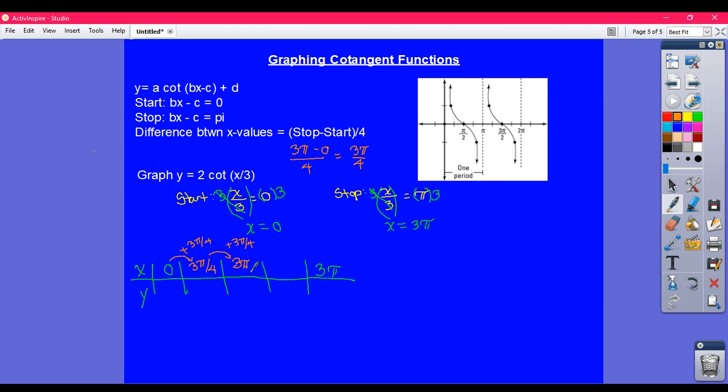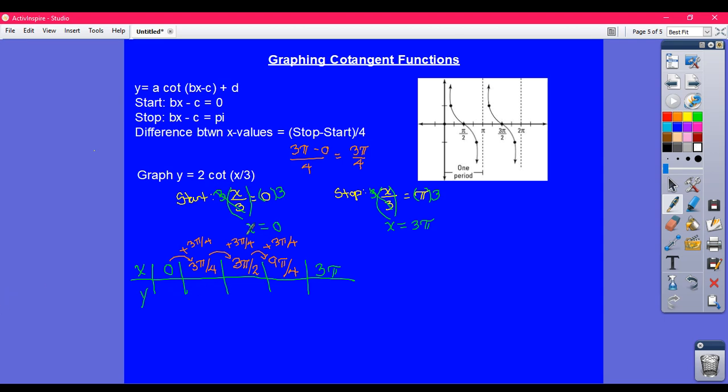Just bring the pi over. Or if you're doing it by hand, good for you as well. 3 pi over 2 plus 3 pi over 4 would give us 9 pi over 4. And just to check that we're right, 9 pi over 4 plus 3 pi over 4 does give us 3 pi.